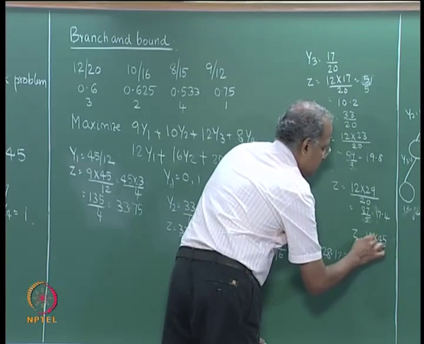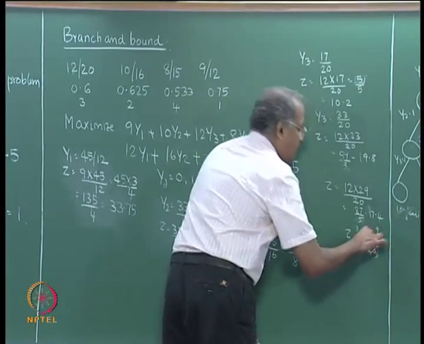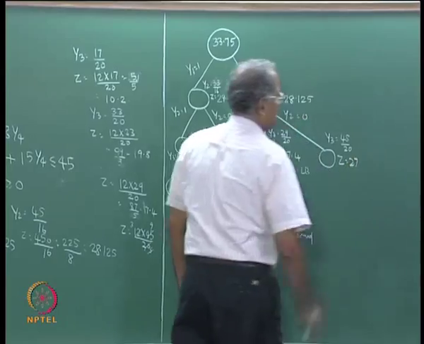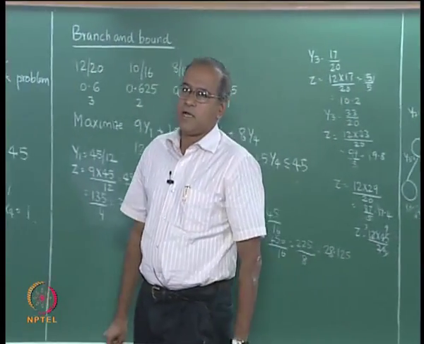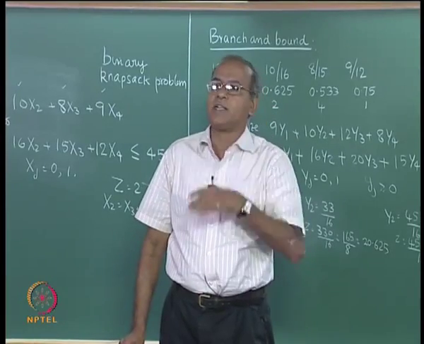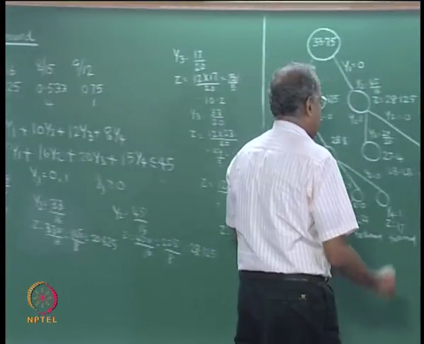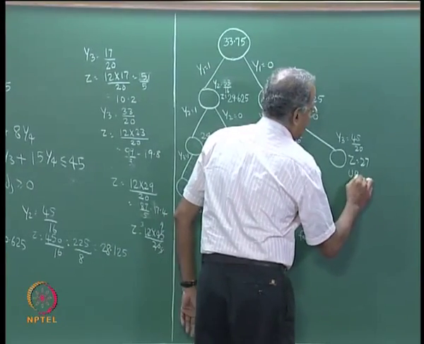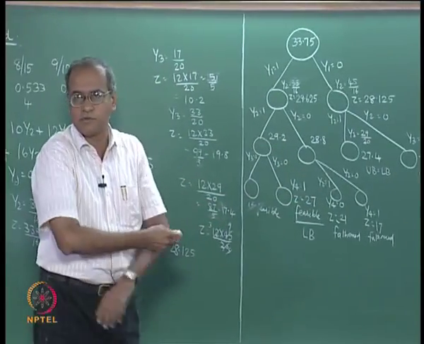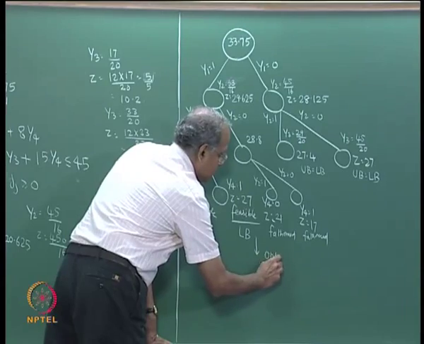So, this is 3 by 5 9, so z equal to 27. So, once again from here upper bound is 27, proceeding we can only get solutions with 27 or less. So, we do not proceed. So, we fathom here by saying upper bound is equal to lower bound. So, we do not have any more nodes to proceed. So, this is the optimum solution.